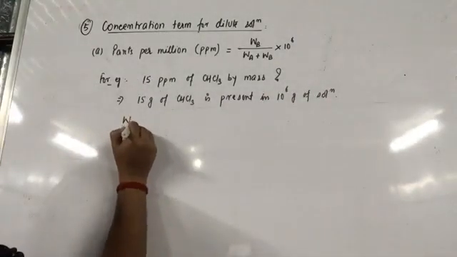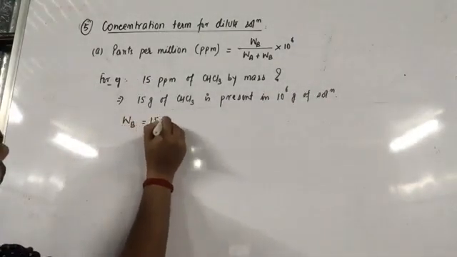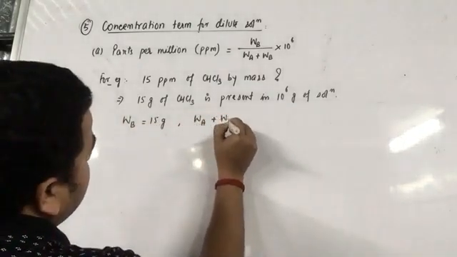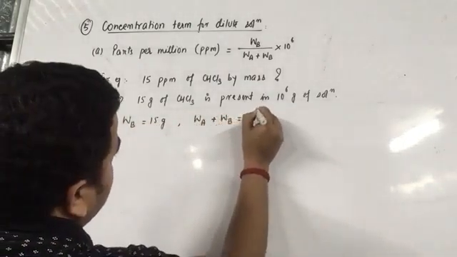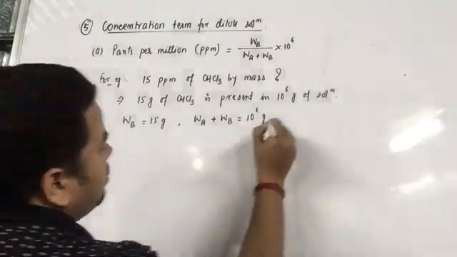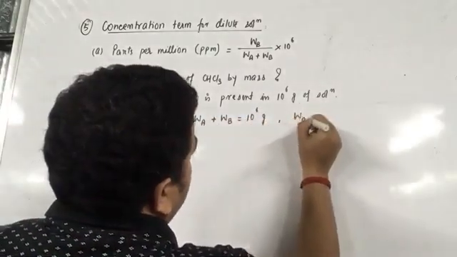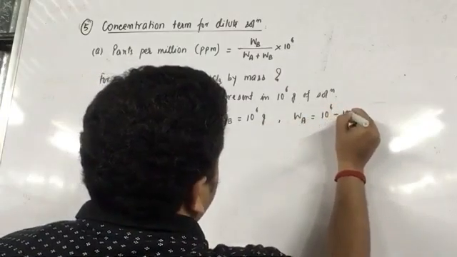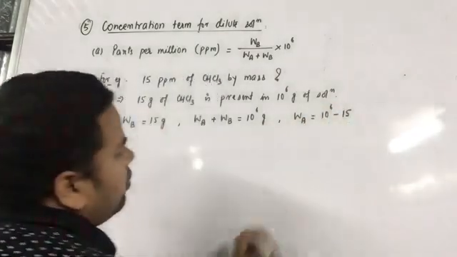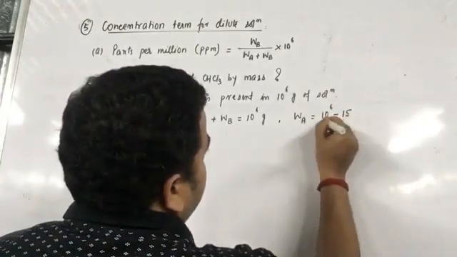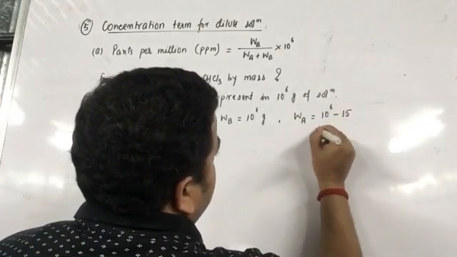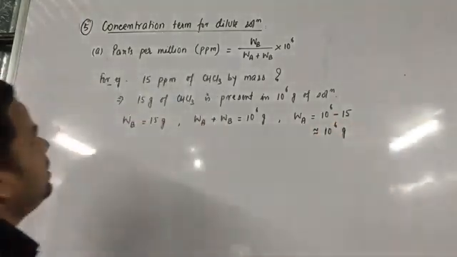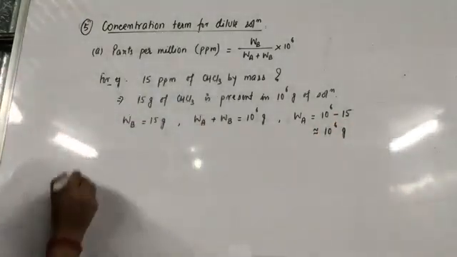So what is the mass of solute here? Wb is equal to 15 gram. What is the mass of solution? In this case, mass of solution will always be equal to 1 million gram. So what is the mass of solvent? Wa is equal to mass of solution, 10 to the power 6, minus mass of solute, which is 15. If we subtract 15 from a million, it is almost equal to 10 to the power 6 gram. So this is parts per million, ppm.